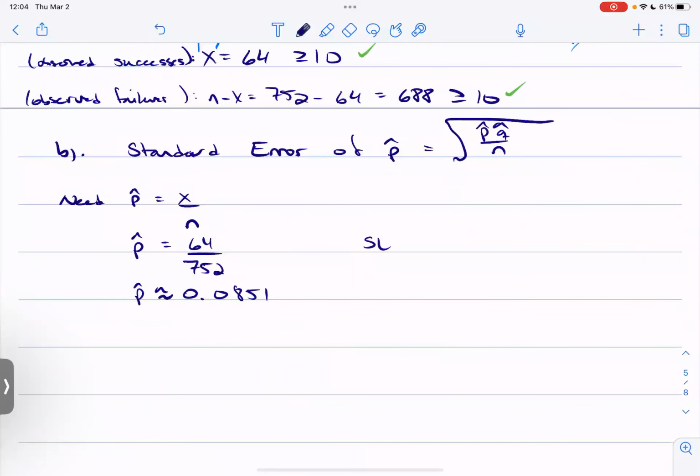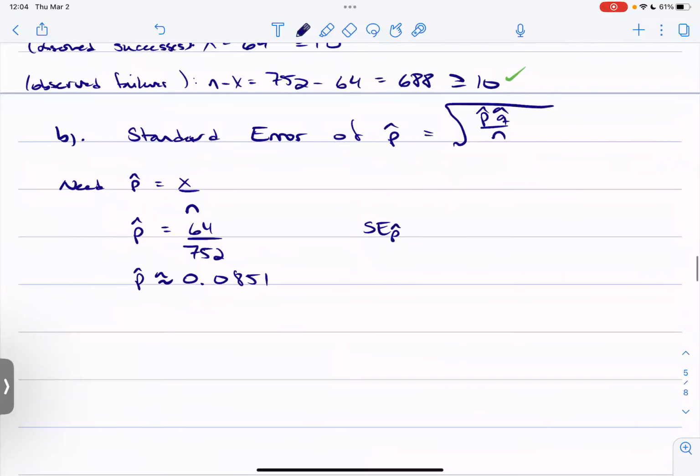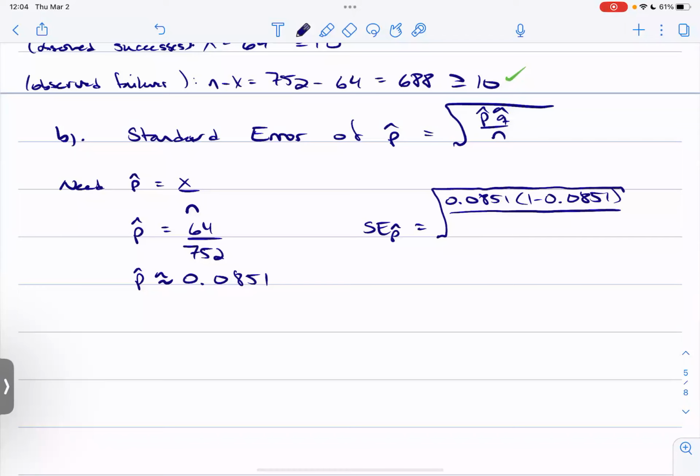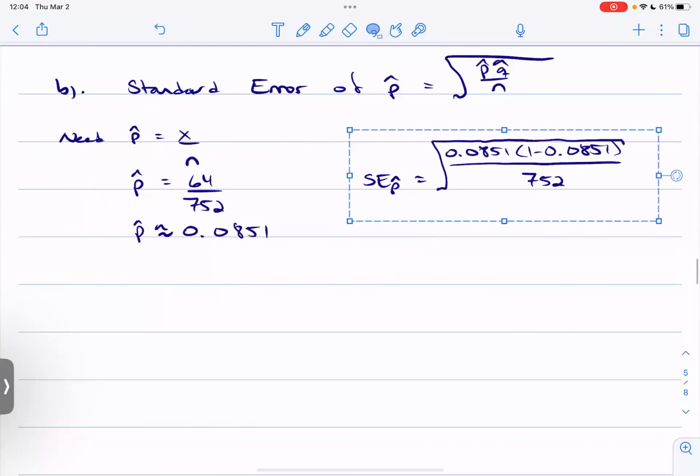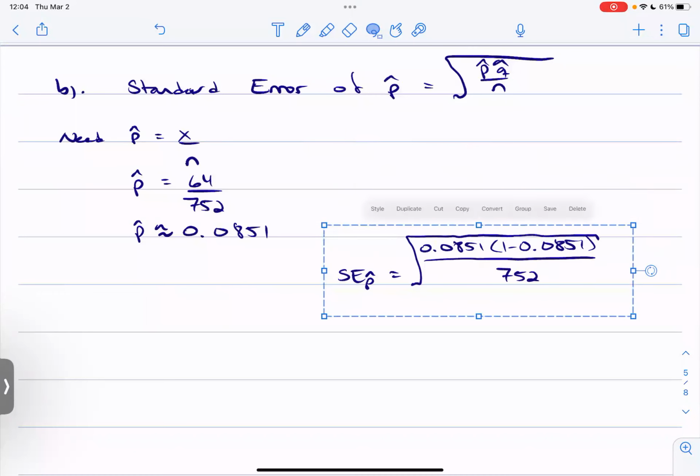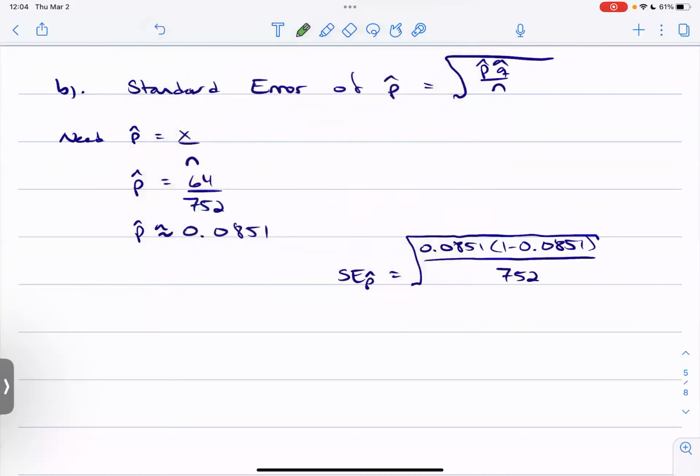So then the standard error of p hat is the square root of 0.0851 times 1 minus 0.0851, divided by 752. Just showing that we had to find p hat before we could find the standard error.